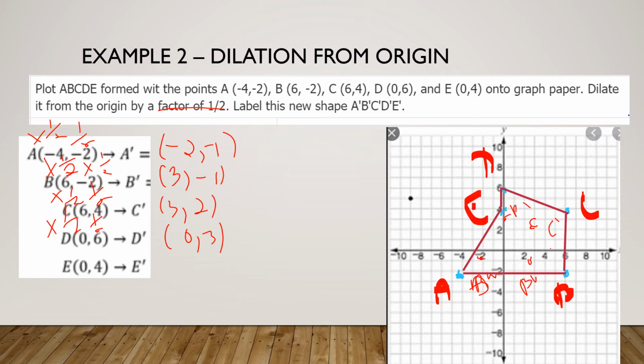And then our E times 1/2 would give us 0, 2. That would give us our E prime. And if we connect our points, you can see it's the same shape, it's just a different size. It's been shrunk.